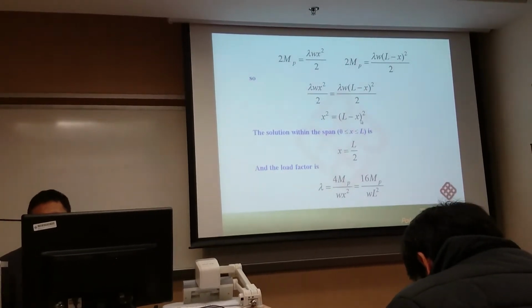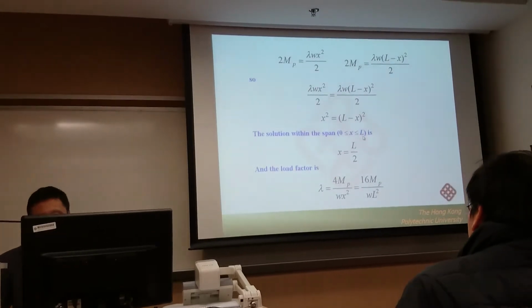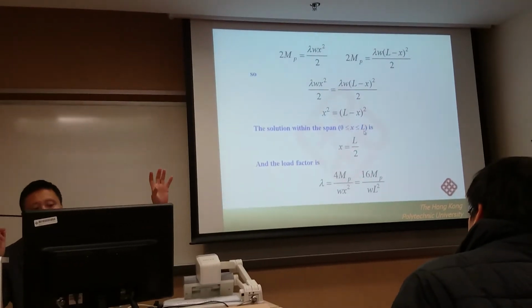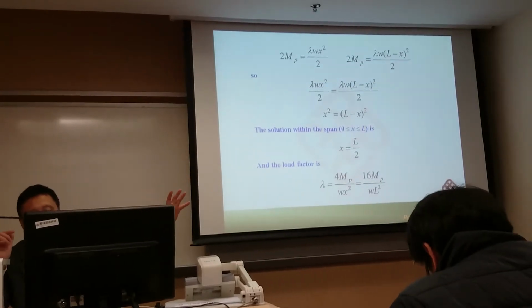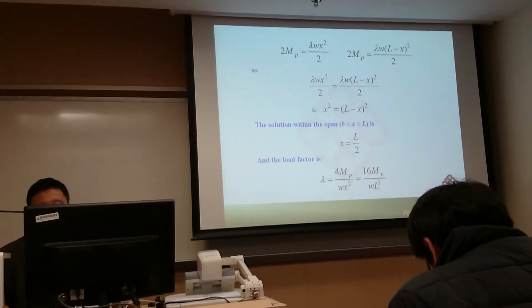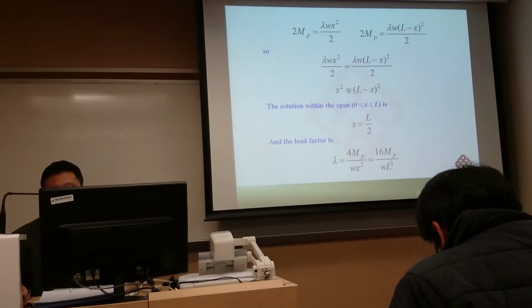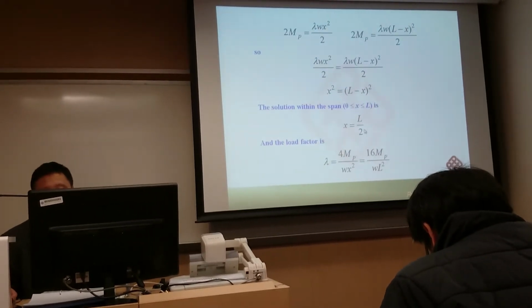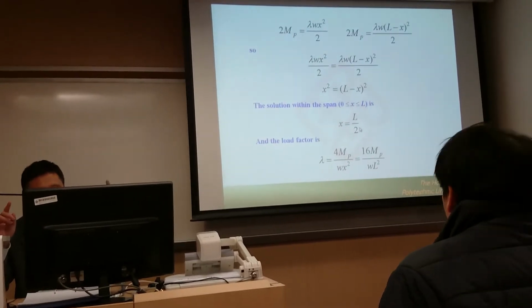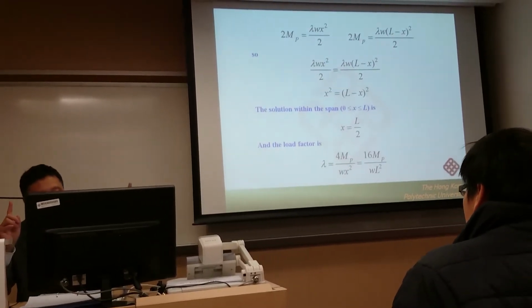And please understand, from this equation, usually we have two solutions about x, because when you take a square root, we have a negative and a positive. But please try to obtain two solutions first.